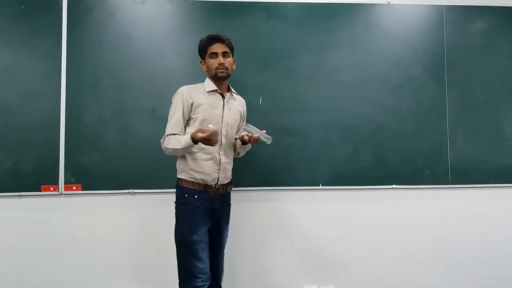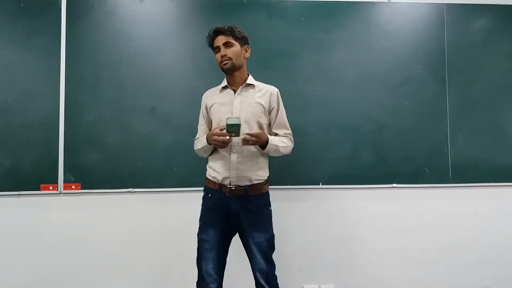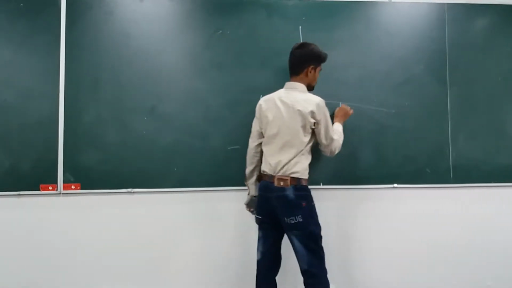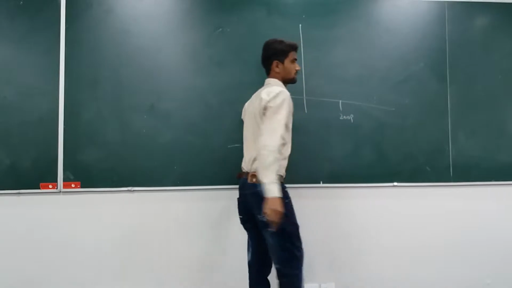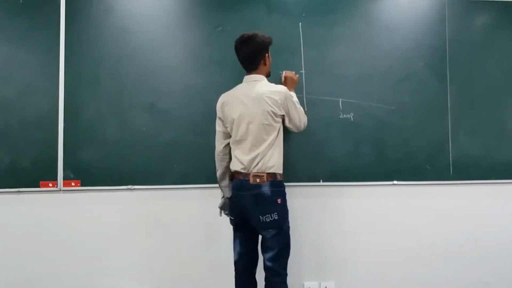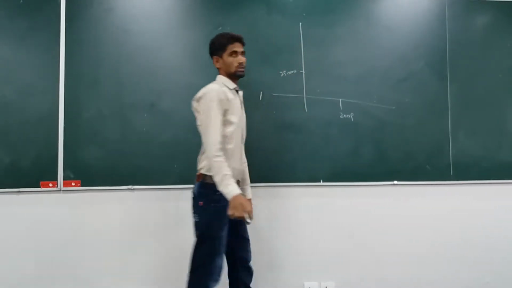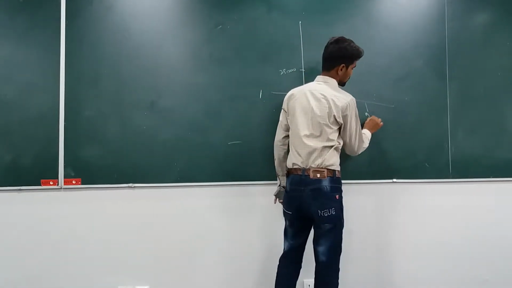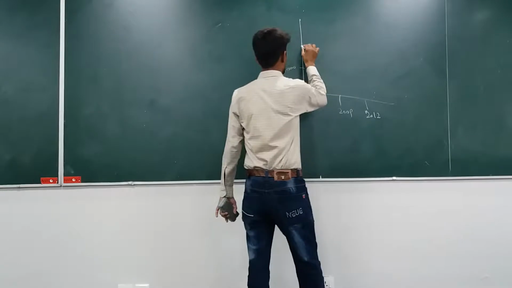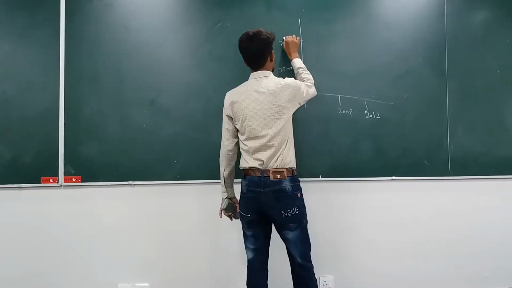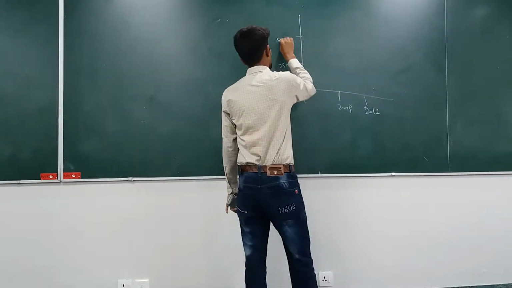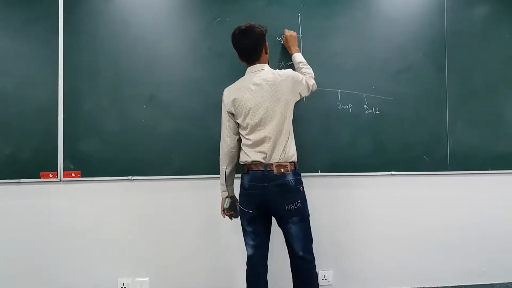Suppose you are an employee, and in 2009 your salary is 25,000. In 2012 your salary becomes 30,000, or we can say 40,000.